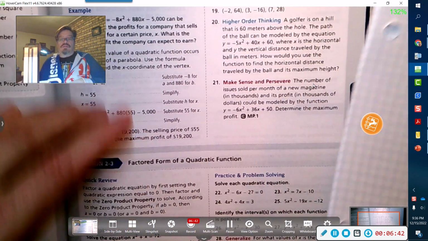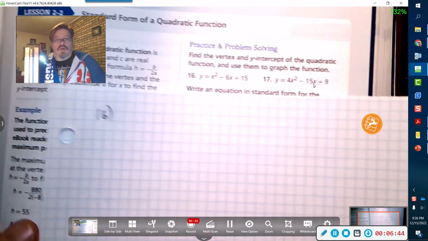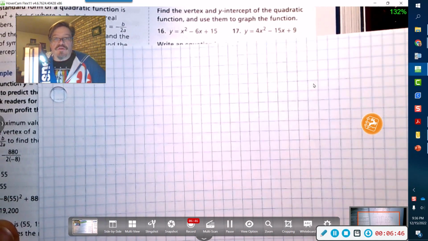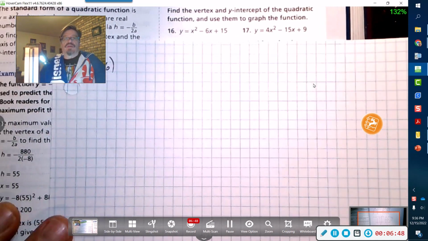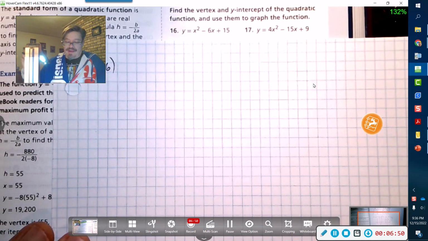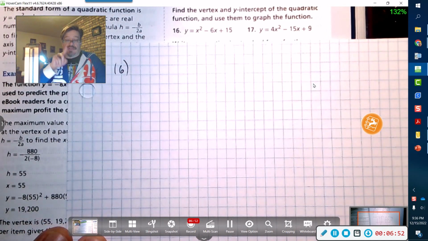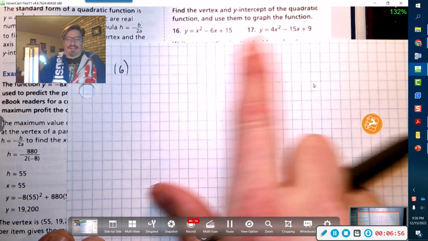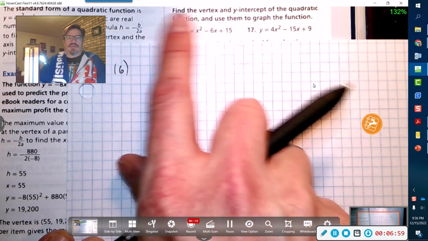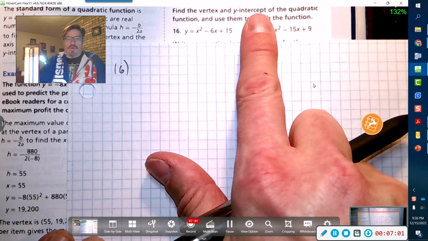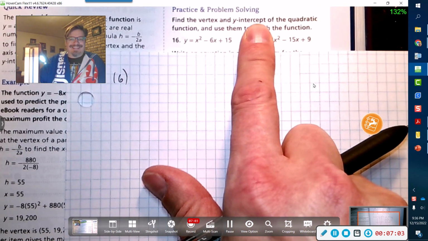Scoot this upwards. All right, find the vertex and y-intercept of a quadratic function. Now, y-intercepts are the easiest. They're actually looking at you right now. You can actually find out what those are for both 16 and 17. All right, but let's go ahead and do the vertex first. We'll go in the order in which these are listed.